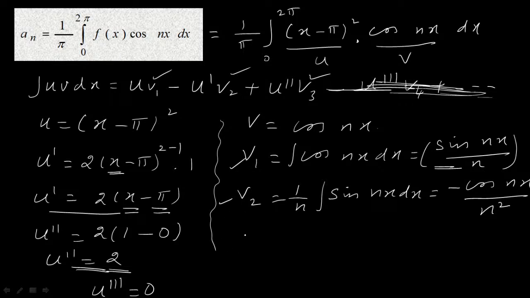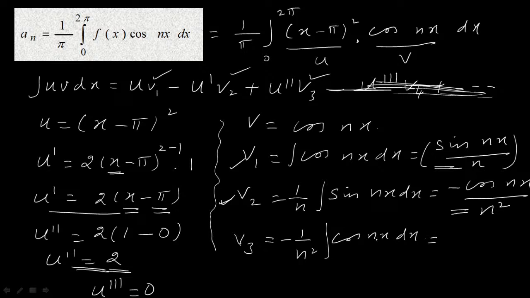Next, v3. v3 is nothing but you have to integrate v2 once again with respect to x. So here minus 1 by n square is a constant. So take it outside of the integral and just integrate only cos nx.